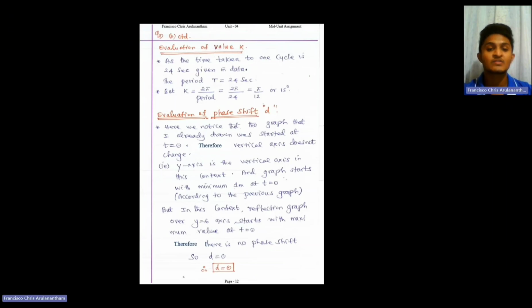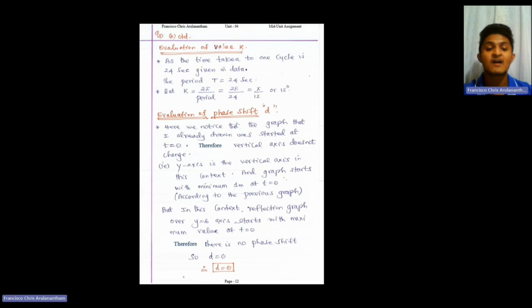Next, evaluation of phase shift d. Here we notice that the graph that I already drew started at t equal to 0. Therefore, the vertical axis does not change. That is, the y-axis is the vertical axis in this context.